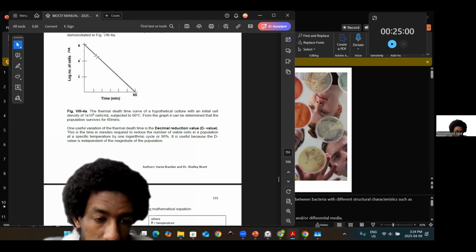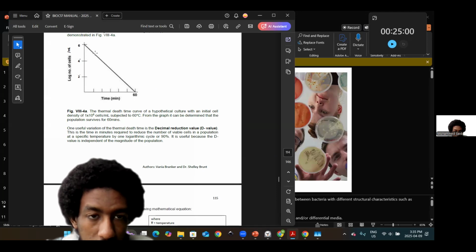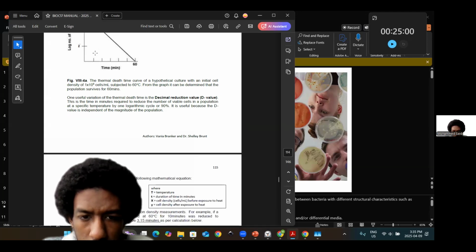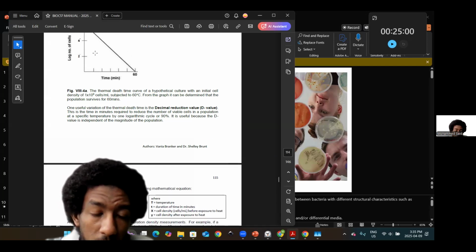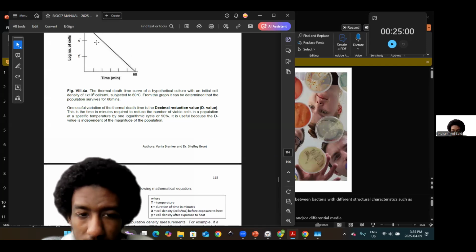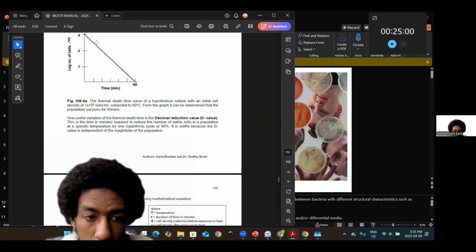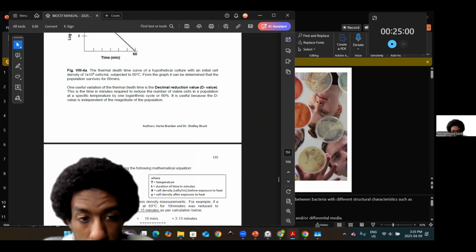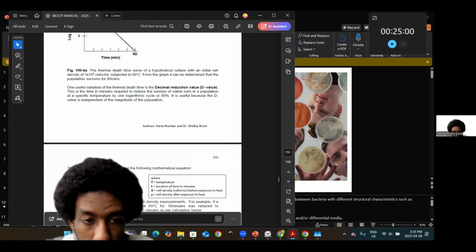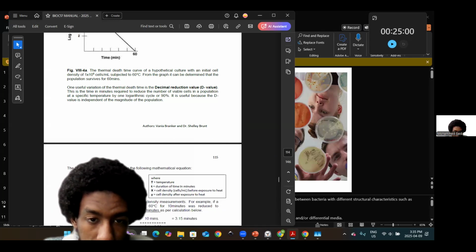And then Y is the cell density post heat. So you don't have to necessarily mention the time range there on the right, because it'll be mentioned at the top.